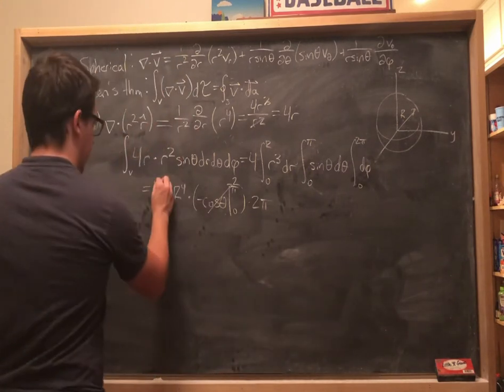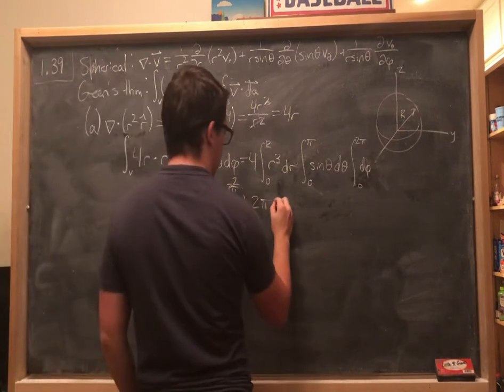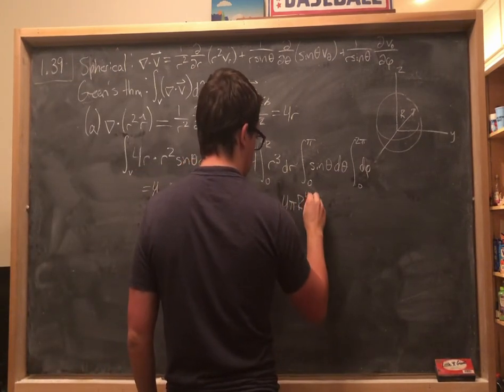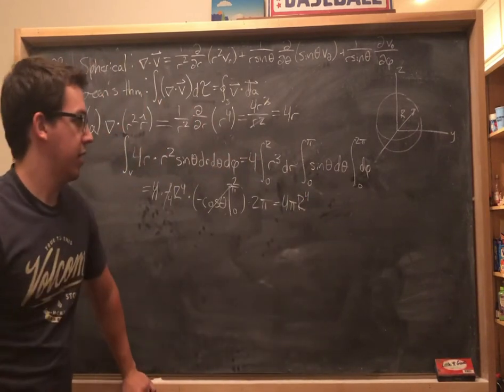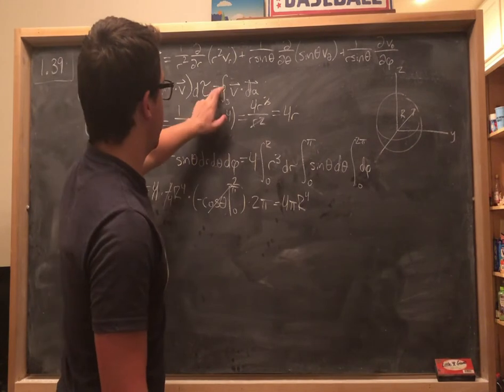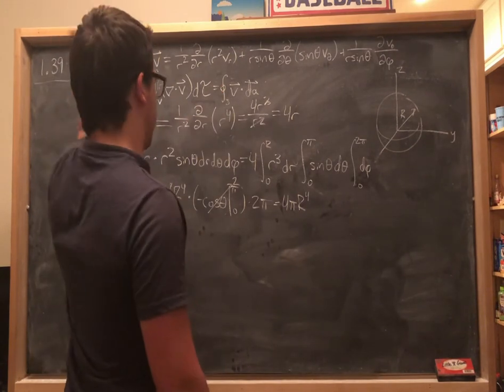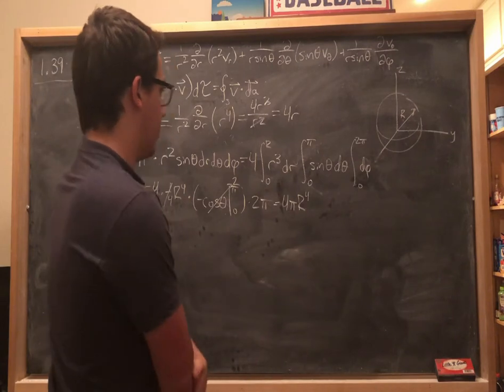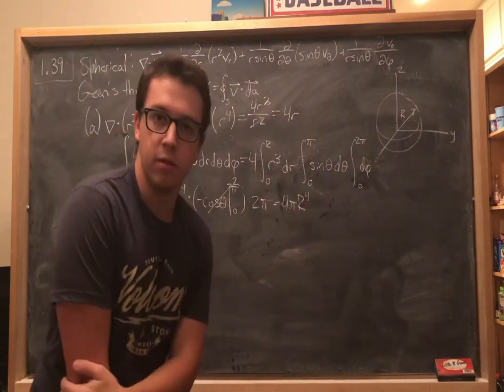Anyway, so these cancel out, and what we're left with is 4 pi r to the 4th. Okay, now our job is to compute this integral and make sure that whatever this integral is equal to is our 4 pi r to the 4th.